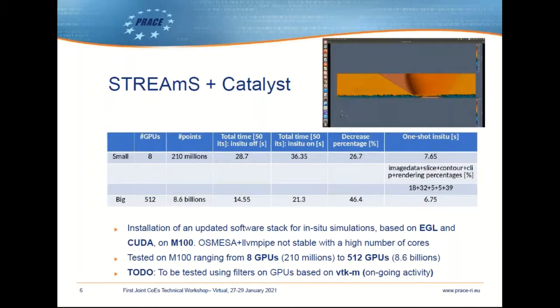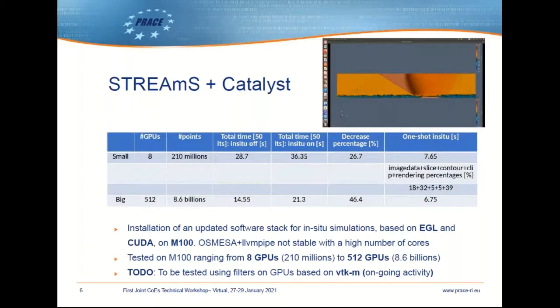We performed these simulations on our Marconi 100 cluster, and we made some tests in order to see the impact of a complex VTK pipeline on the simulations. We tested 2 different configurations, a small one and a big one. The small one has 200 million cells, while the big one is around 9 billion, so it's very huge.